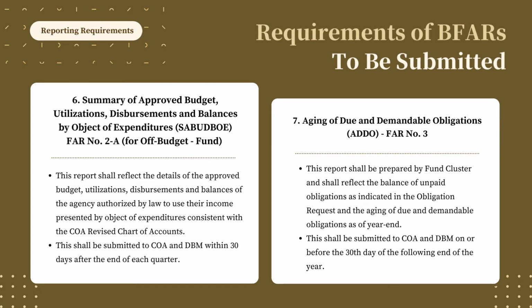This report shall reflect the details of the approved budget, utilizations, disbursements, and balances of the agency authorized by the law using their income, represented by object of expenditures consistent with the Commission on Audit revised chart of accounts. Also, this shall be submitted to the Commission on Audit and Department of Budget and Management within 30 days after the end of each quarter.